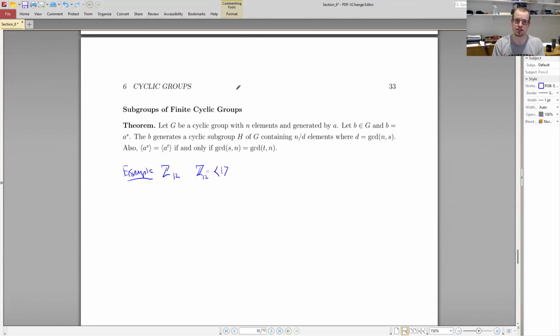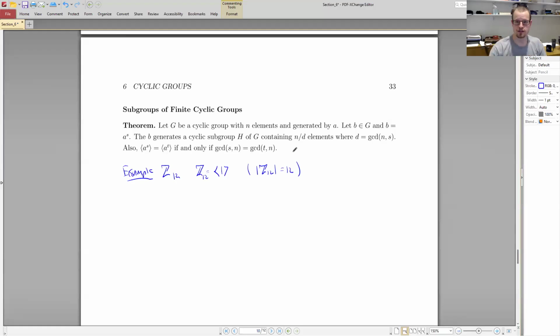Because it's a group under addition. So 1 plus 1 is 2, 1 plus 1 plus 1 is 3, and so on. And the size of Z12, how many elements it has, is exactly 12. Again, 0, 1, 2, 3, and so on, all the way up to 11. That stops at n minus 1.